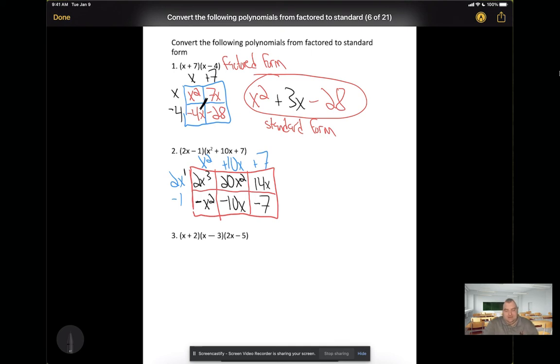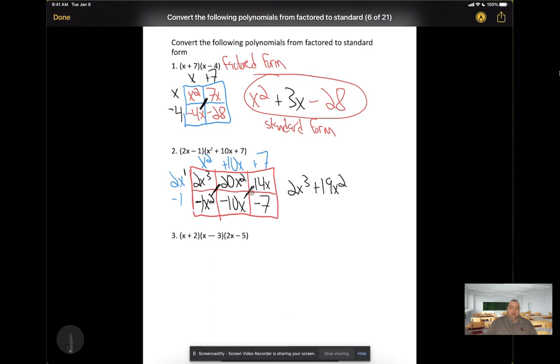Now to write out the answer, again, I'm going to start off in the top left corner. So I'm going to start off with 2x cubed, and then I'm going to work my way down to the bottom right by combining my like terms along the diagonals. So here I have a 20x squared and a negative 1x squared. So a 20 and a negative 1x squared is going to become a positive 19x squared.